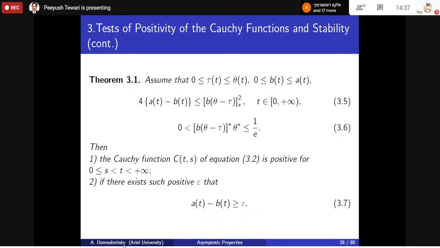It should be less than the difference of delays in a corresponding function. And what can we say? We can say that the Cauchy function is positive, if there exists such a positive epsilon that a minus b is greater than this epsilon. Next, please.